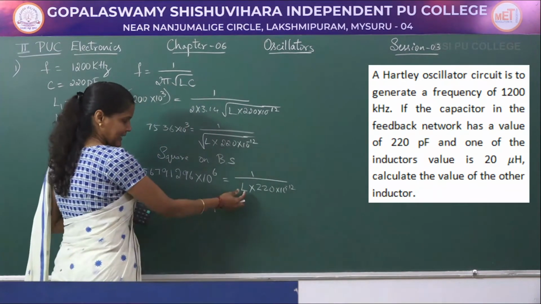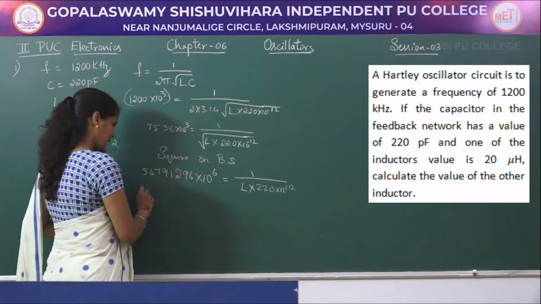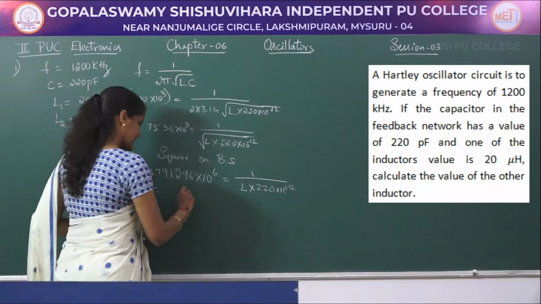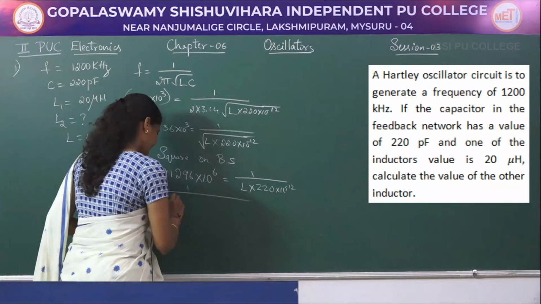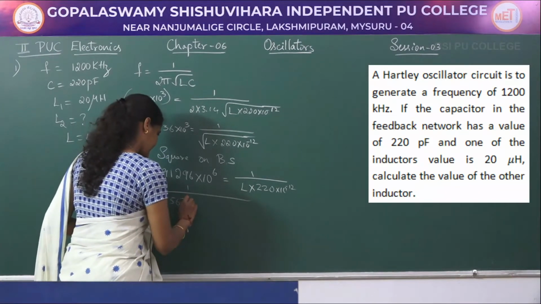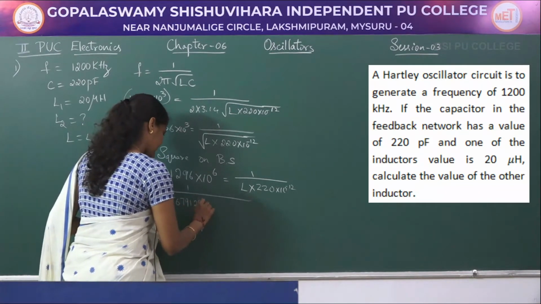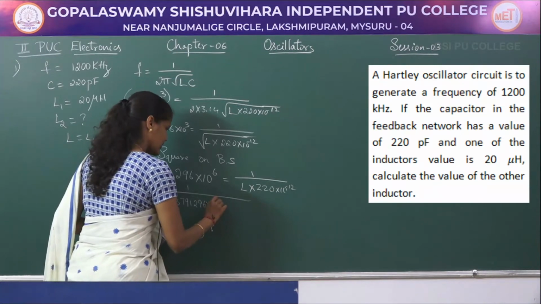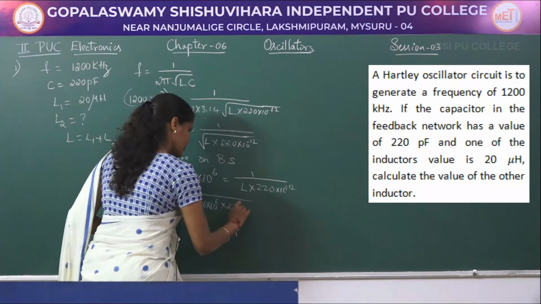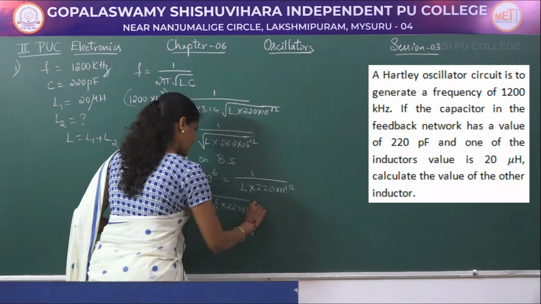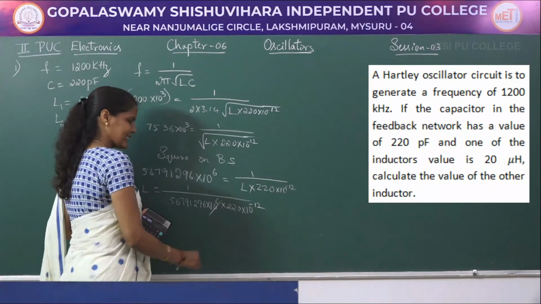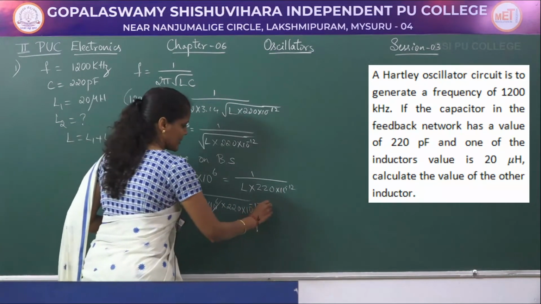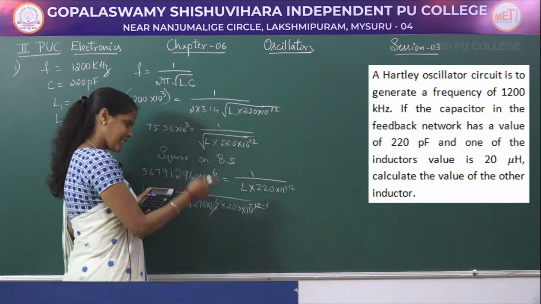So let us cross multiply this. L will be on the left hand side. So L is equal to 1 divided by 56791296 into 10 to the power of 6 into 220 into 10 to the power of minus 12. So 10 power 6 gets cancelled with this 10 power minus 12, retaining 10 power minus 6.